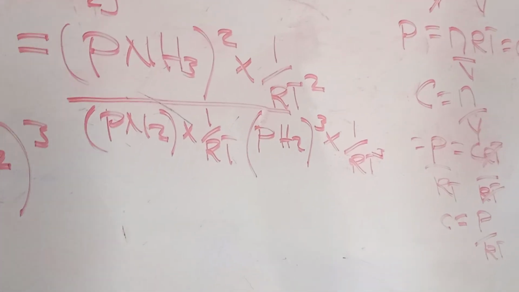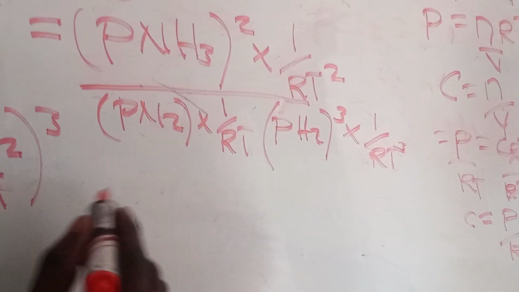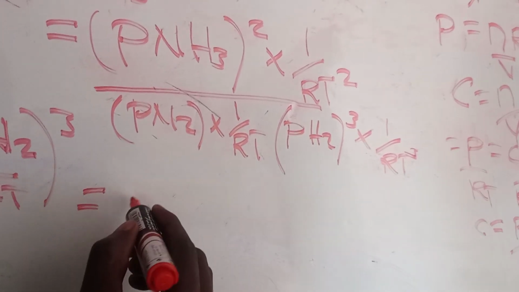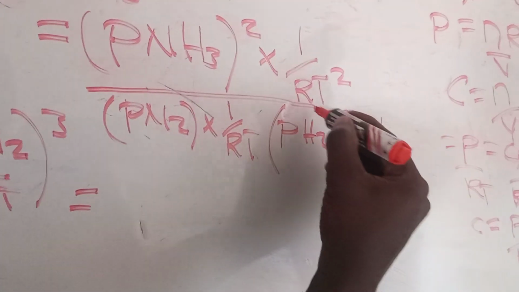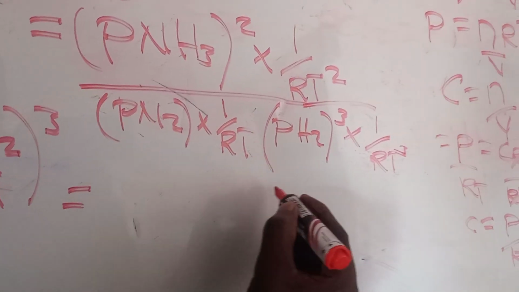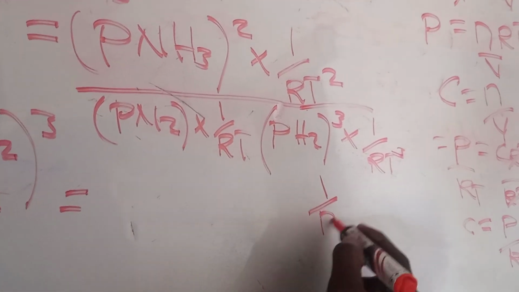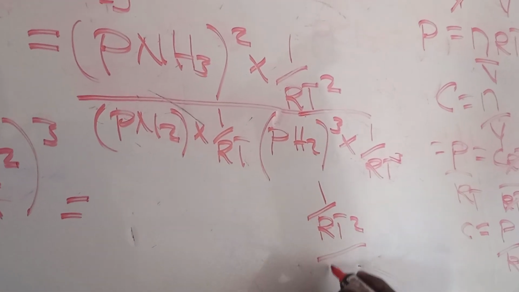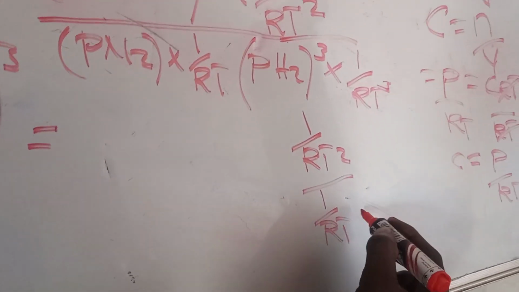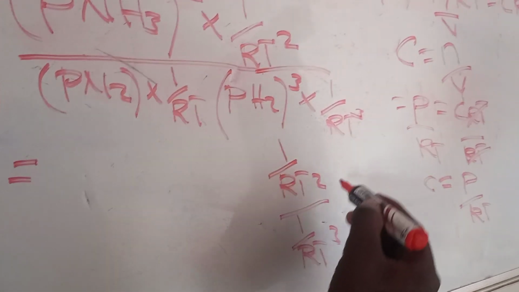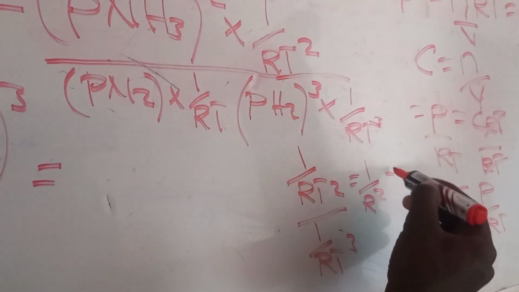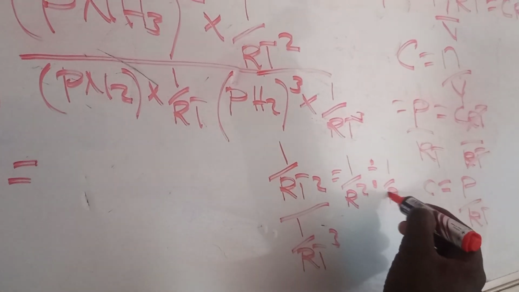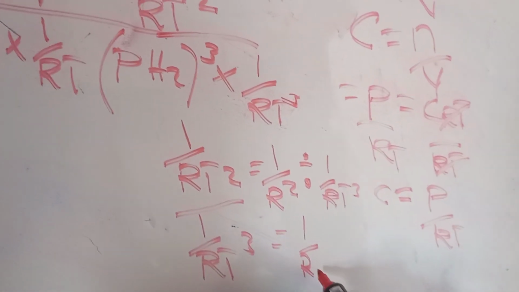Then what will happen after we have that? Allow me to solve this, which is 1 over RT squared divided by 1 over RT cubed, which is equivalent to 1 over RT squared divided by 1 over RT cubed, which is equivalent to 1 over RT.